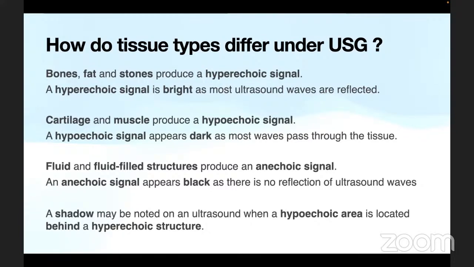A hyperechoic signal is bright, as most of the ultrasound waves are reflected. Cartilage and muscle produce a hypoechoic signal, which appears dark as most of the waves pass through the tissue. Fluid-filled cavities produce an anechoic signal, which appears black as there is no reflection of ultrasound waves.